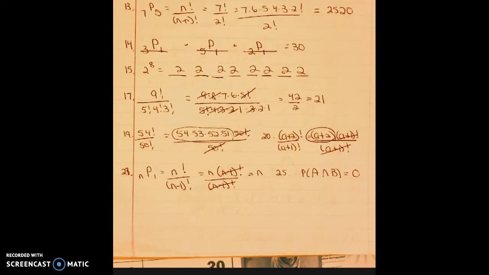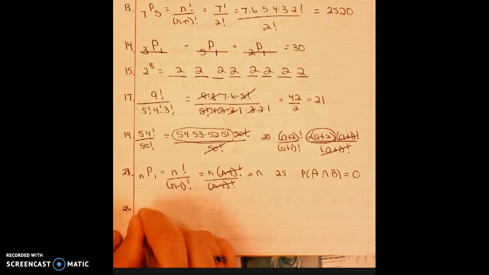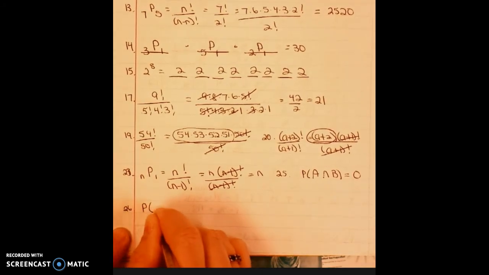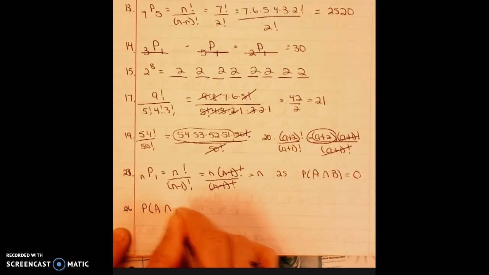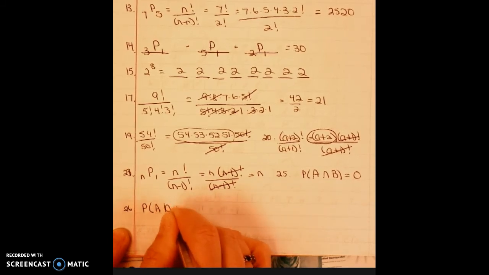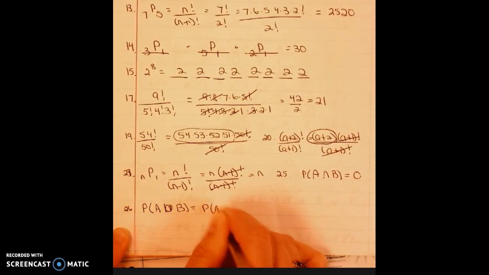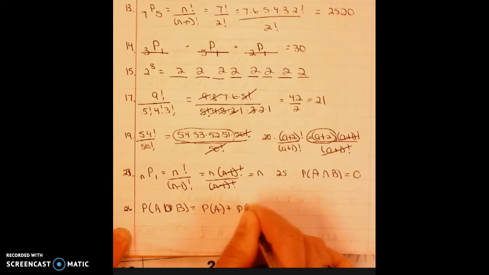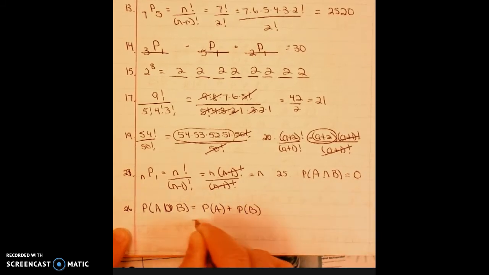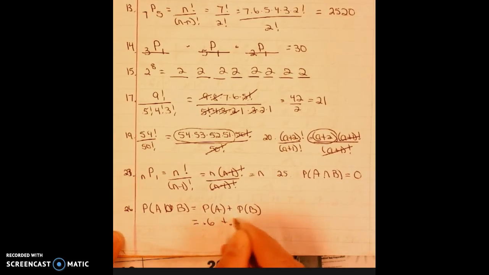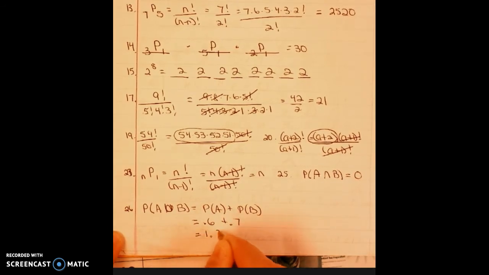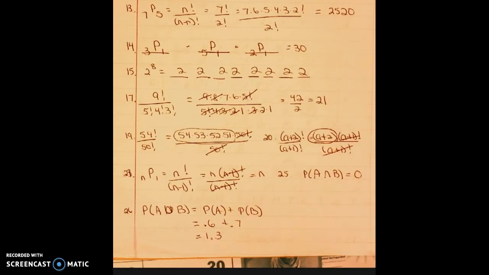Explain why the events A and B cannot be mutually exclusive. Well, if you take a look at 26, if they're mutually exclusive, then the probability of A or B is supposed to equal the probability of A plus the probability of B. Well, when I go and add the probability of A, which is 0.6, and I add 0.7, I end up with a probability that is greater than 1, and we know that can't happen.